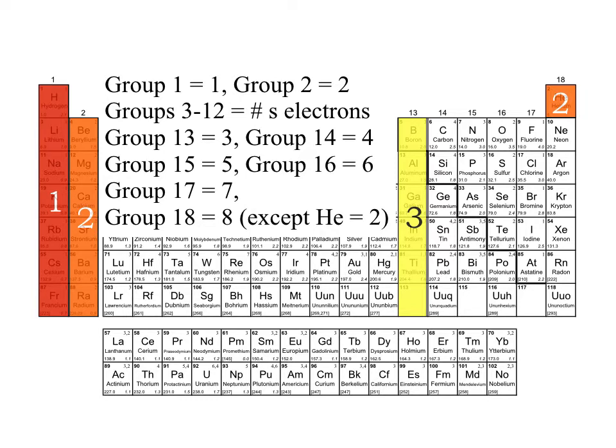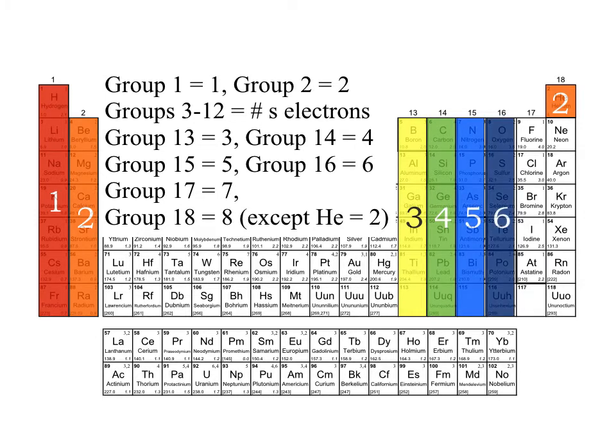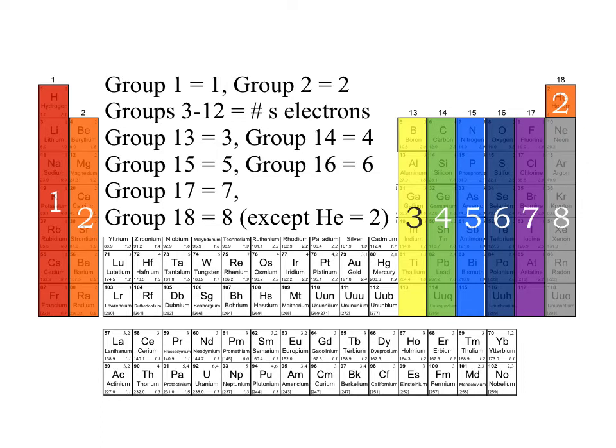Group 13 has 3, 14 has 4, 15 has 5, 16 has 6, 17 has 7, and group 8, which is group 18, has 2 for helium, but 8 for the rest, because remember, there are no p electrons in the first energy level, so the maximum can be 2.